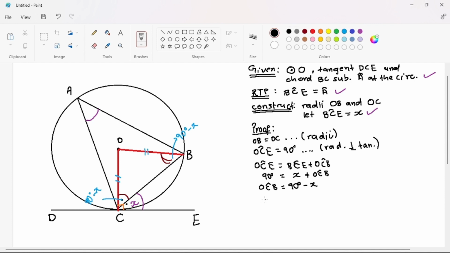And then after that, you are going to say OCB is going to be equal to OBC. That was my mistake earlier. And then our reasoning, you are going to say angles opposite equal sides. What I normally say is that base angles of an isosceles triangle are equal, because if you look at triangle OBC, it is an isosceles triangle.